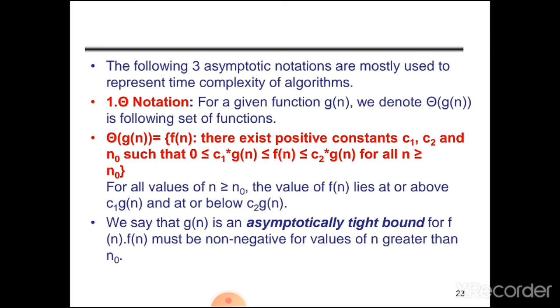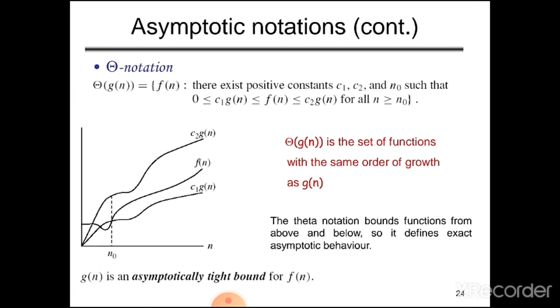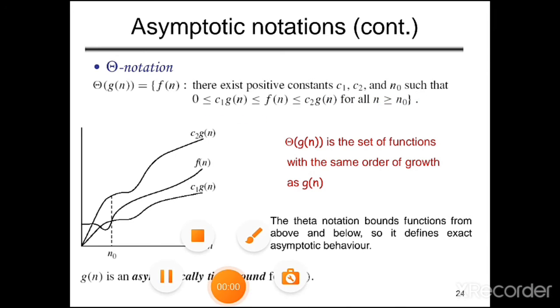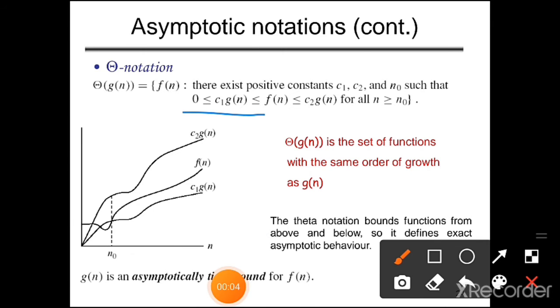So the next notation is theta notation. Theta of g of n is equal to f of n. There exist positive constants c1, c2 and n0 such that 0 is less than or equal to c1 g of n less than or equal to f of n less than or equal to c2 g of n for all n values greater than or equal to n0.